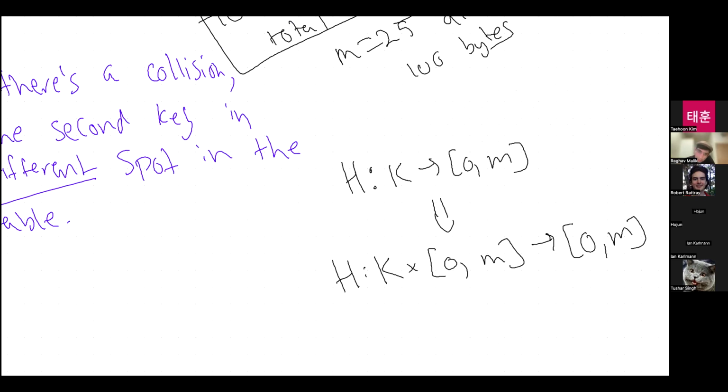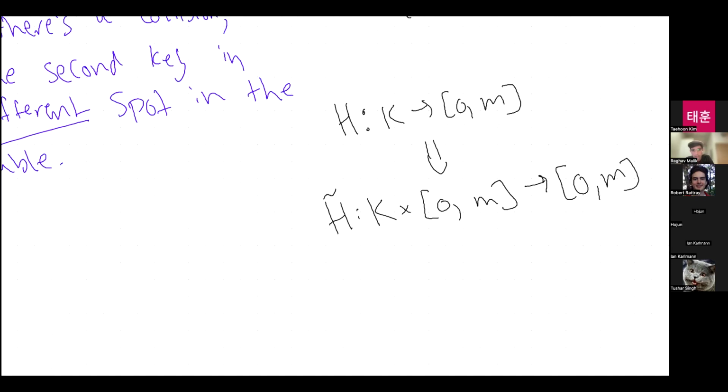Maybe I'll call this h tilde, right? And I can define this as h tilde of k comma 0 is just the ordinary h of k, right? But now I need to think about what happens when I increment this, right?